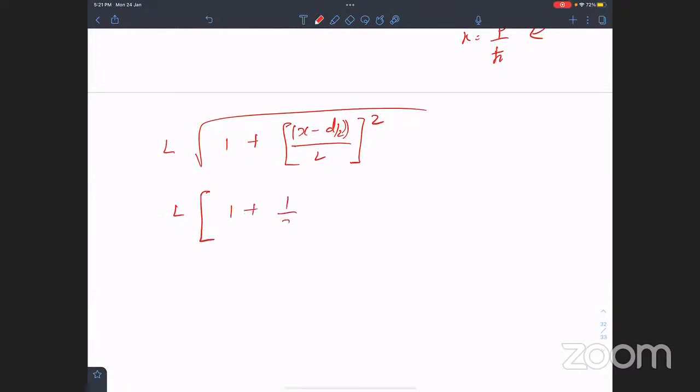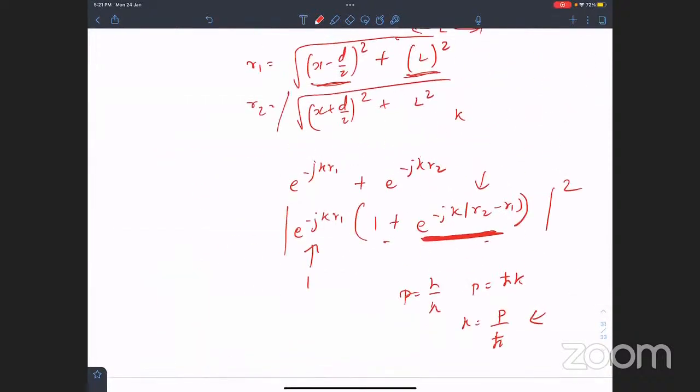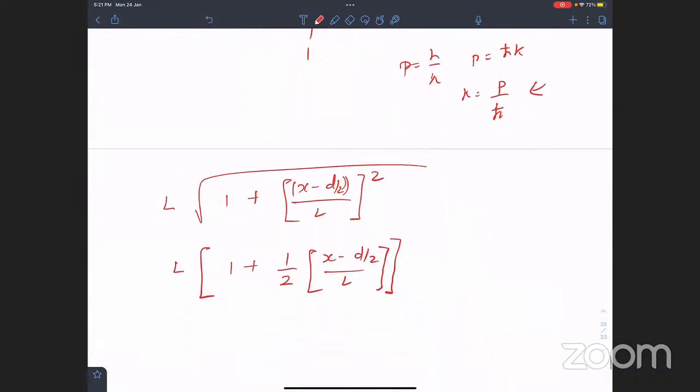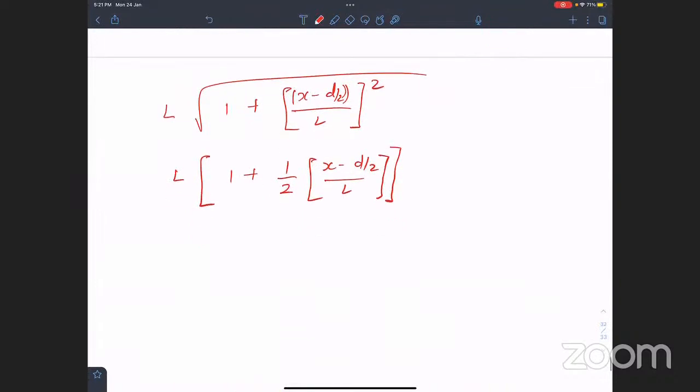That's 1 plus 1 half of (x minus d by 2) by L. So I want k times (r1 minus r2). After applying this simplification, if I take the difference, one will be x minus d by 2, the other will be x plus d by 2. So x will go off also. Everything you can express in terms of L and d.